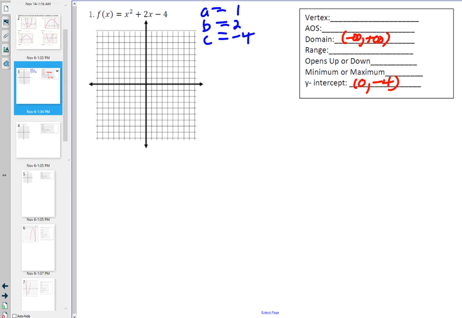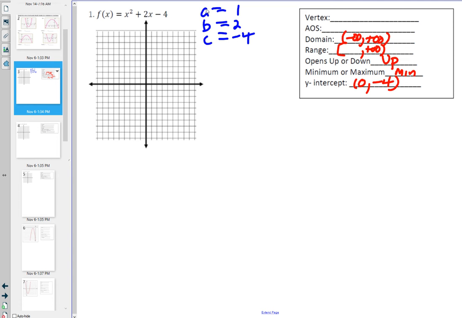Because A is positive, this opens up, and therefore it's going to have a min. But what gets more challenging is anything that has to do with the vertex. Because it's opening up, the range goes to +infinity, but on the front end, I need to know what K is, and I won't know what K is until I find the vertex.